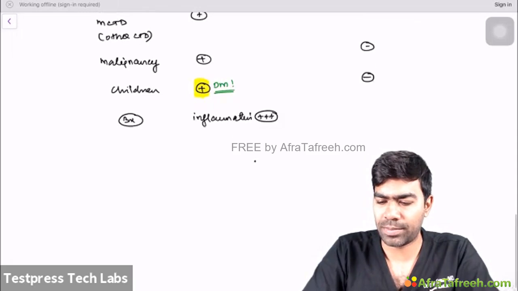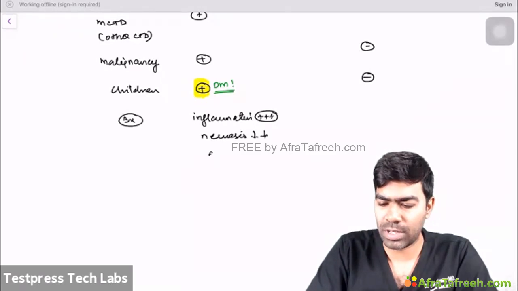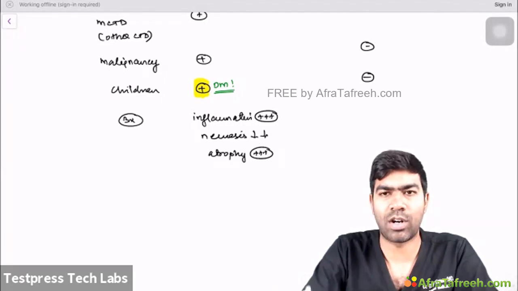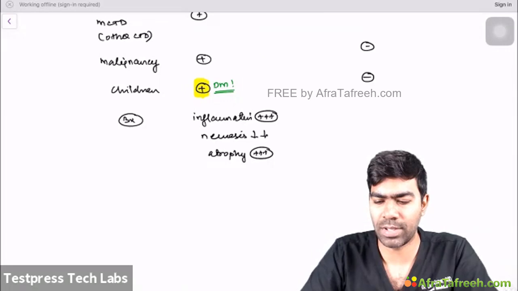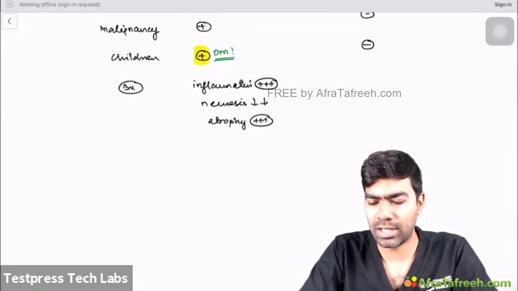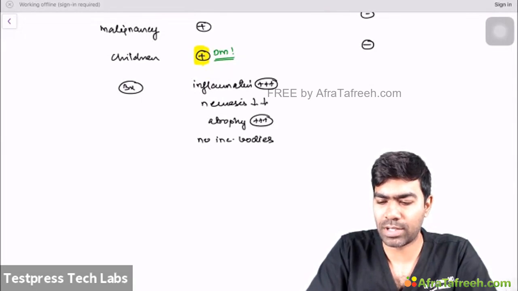Apart from that, necrosis will be less. There'll not be much necrosis, but there'll be muscle fascicular atrophy. A lot of fascicles will go for atrophy. There will be smaller fascicles that you will be seeing, the fibers will be there. And at the same time, there will be no inclusion bodies. This is very characteristic of dermatomyositis and polymyositis.